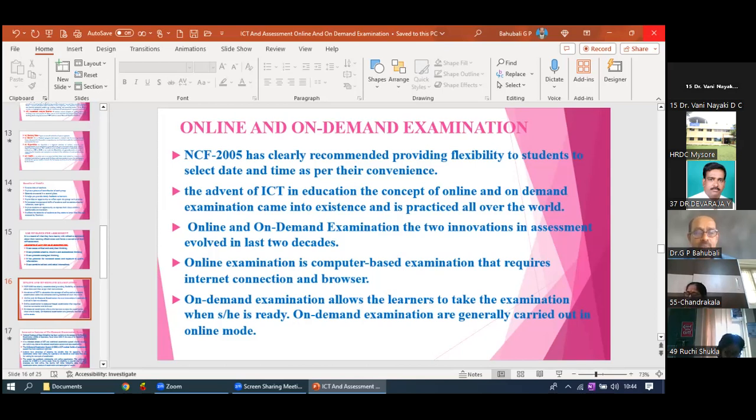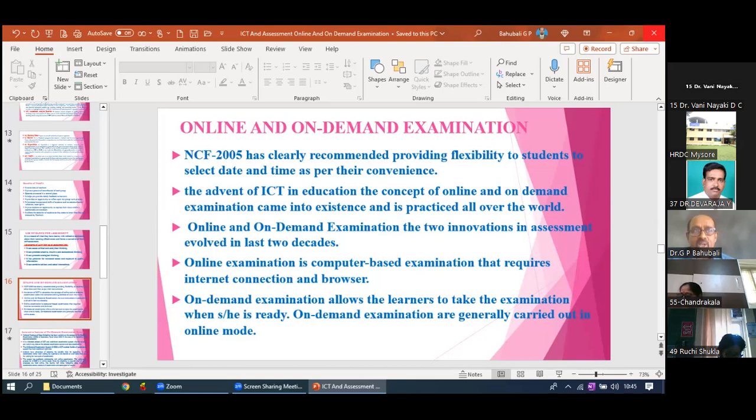Online examination requires a set of things like a computer, web or Wi-Fi, and internet connection is very important. Without that, we cannot do this.